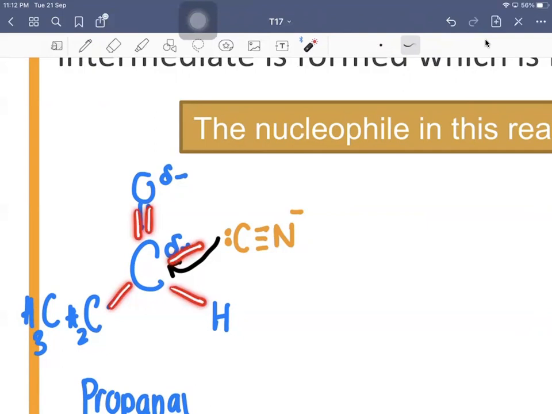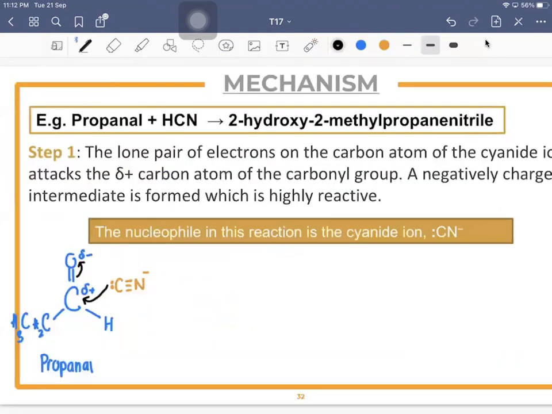That means we need to break one bond, and the bond broken is one of the C double bond O. When this bond is broken, the electrons have to go to the more electronegative atom, which is the oxygen. So that's step 1, the nucleophilic attack.